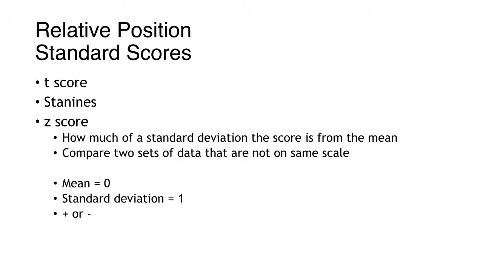The Z-score on a measure tells you how much of a standard deviation the score is from the mean. And so it lets you compare two sets of data that are not on the same scale, because on a Z-score scale, the mean is always 0 and the standard deviation is always 1. So it can be plus or minus. So let me show you how this works.